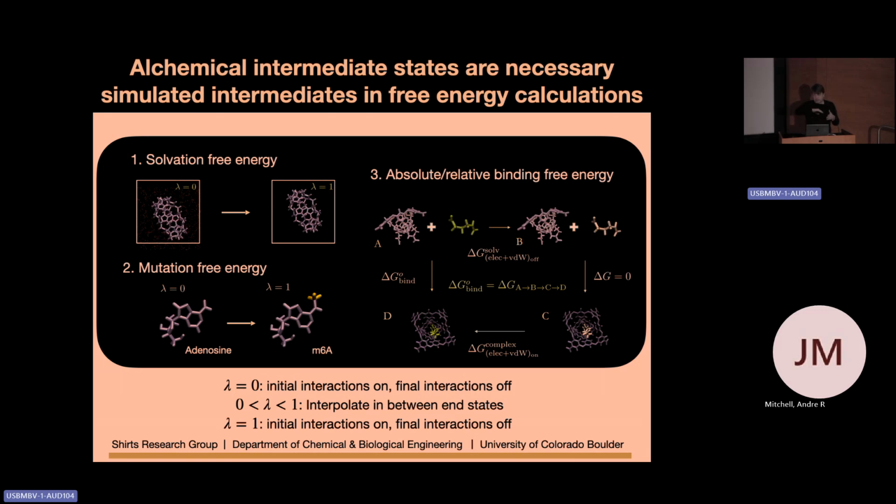If it's a pathway, you can come up with some in functional space, you can come up with a parameter that describes that. Lambda equals 0 equals initial interactions on, final off. Of course, initial and final can be swapped. You have some simulations along this path that interpolates between the end states and a lambda equals 1 final state. So we have this setup. We have this extra dimension that we're simulating along, as well as simulating doing the configurational sampling.